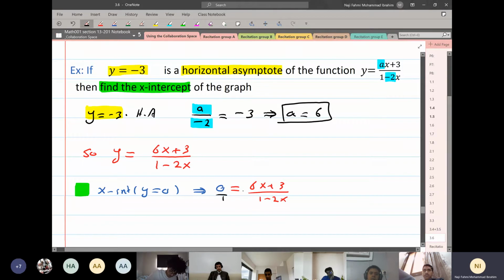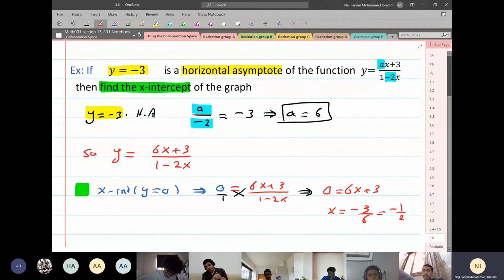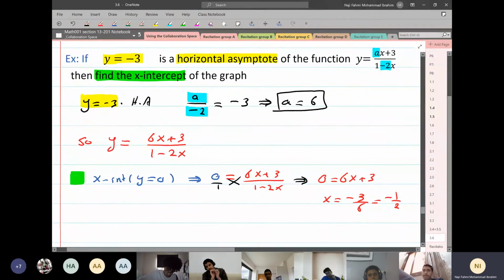If we cross multiply, what's going to happen? We'll have 0 equals 6x plus 3. So how much is x, Ishal? Is it -3 over 6 or not? Which is -1/2. And we are done with the question.